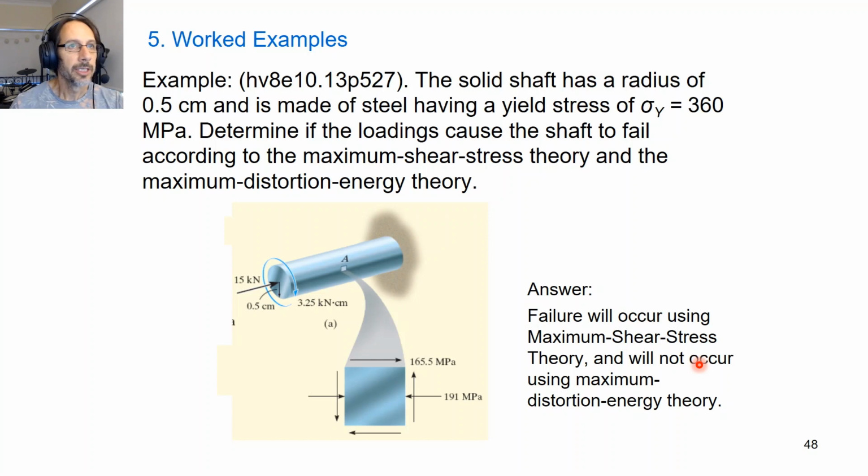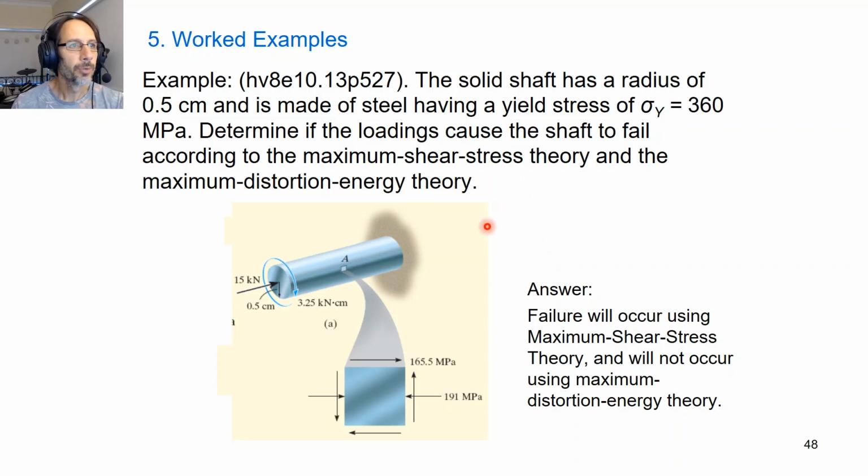But we're now going to have a look at a worked example, and again, the solutions just come up in the PowerPoint. So again, I encourage you to have a go at the problem on your own first, and then come back and follow along after you get stuck or you're not sure what to do.